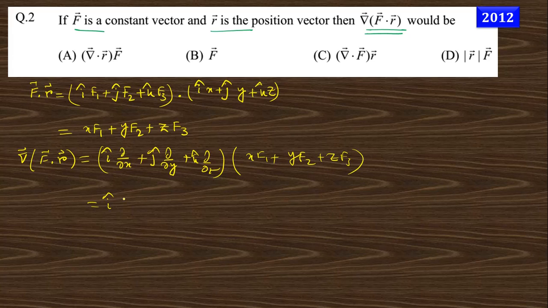So i cap del of this with respect to x, we get only f1 because the others are constant. Similarly j cap with respect to y we get only f2 and k cap with respect to z only f3. So this becomes i cap f1 plus j cap f2 plus k cap f3, that is nothing but the f vector. Okay, so option number B is the correct answer of this question.